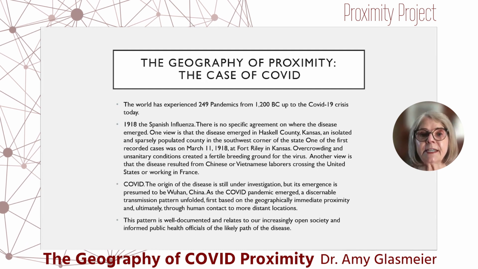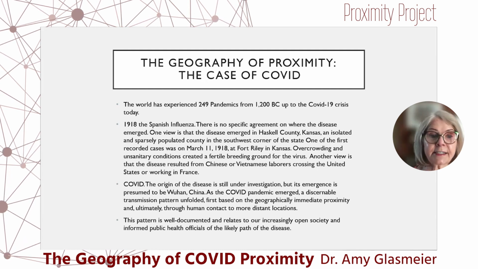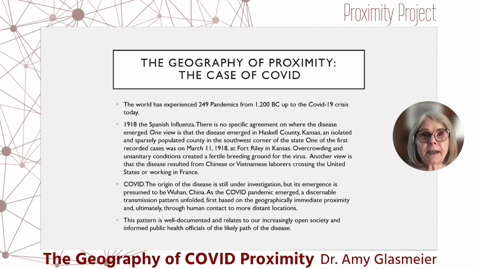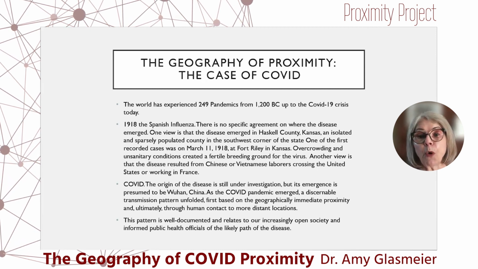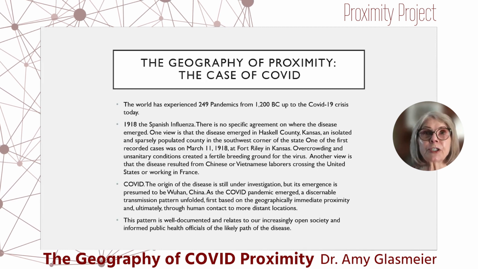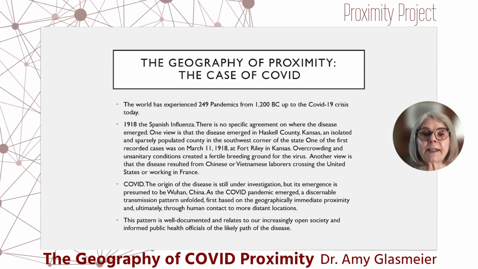One view is that the disease emerged in Haskell County, Kansas, an isolated, sparsely populated county in the southwestern corner of the state. One of the first recorded cases was March 11th, 1918 at Fort Riley, Kansas.